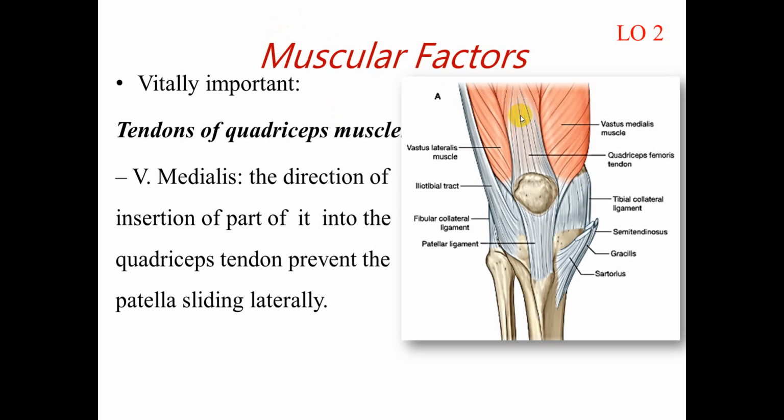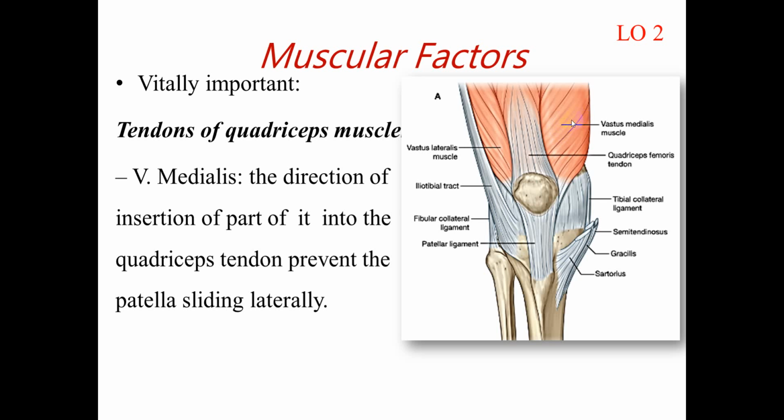On top of the list is the tendon of the quadriceps muscle, which stabilizes the joint anteriorly. One of the important things you should look for is the orientation of the distal fibers of the vastus medialis muscle.